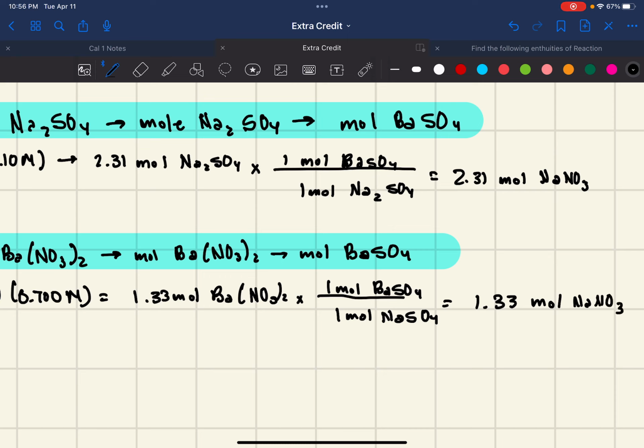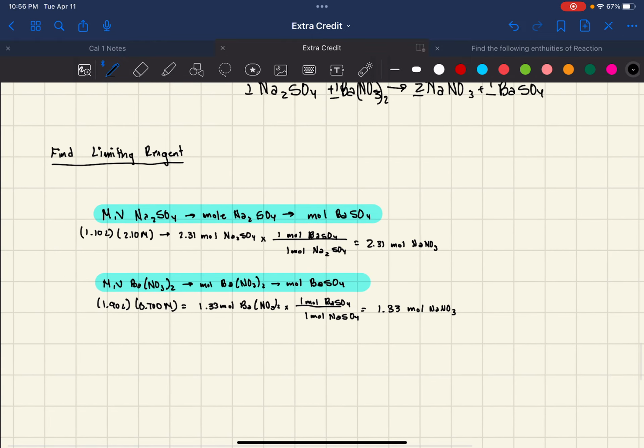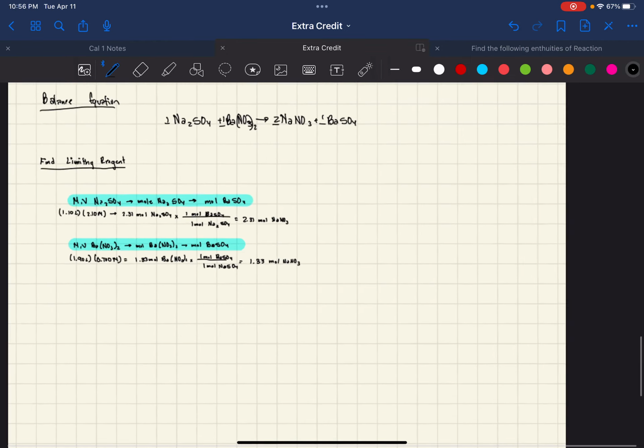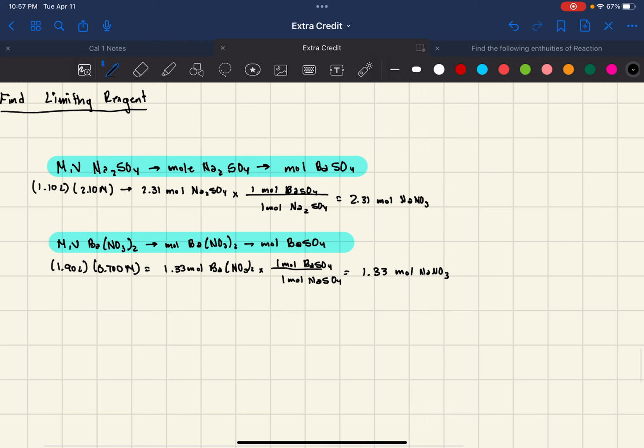So now what we have to find is which is the limiting reactant, and based on our data, this is going to be our limiting reactant, Ba(NO3)2.